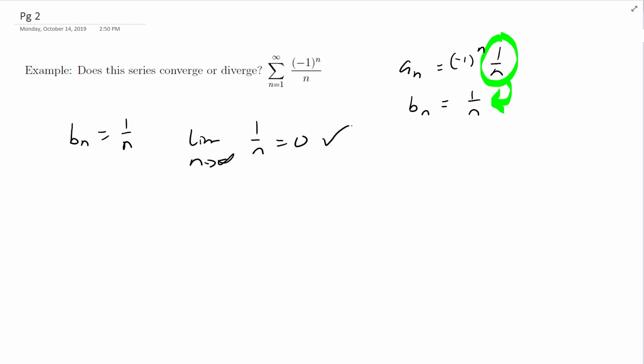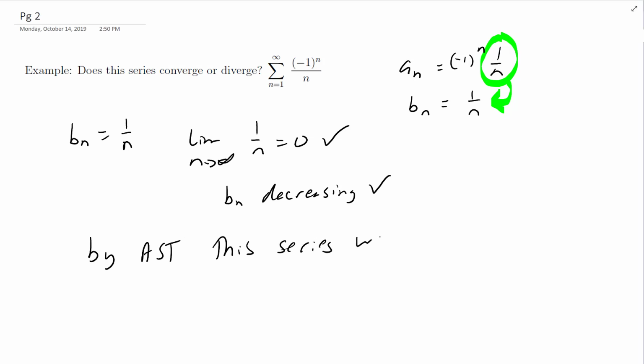That's a check. Are the b_n's decreasing? That's a check. If it's a constant over a polynomial, then yes, this is going to be decreasing. 1 over n squared, that's sort of obvious. You could always take a derivative to verify. So we have our two conditions. By the alternating series test, this series will converge.